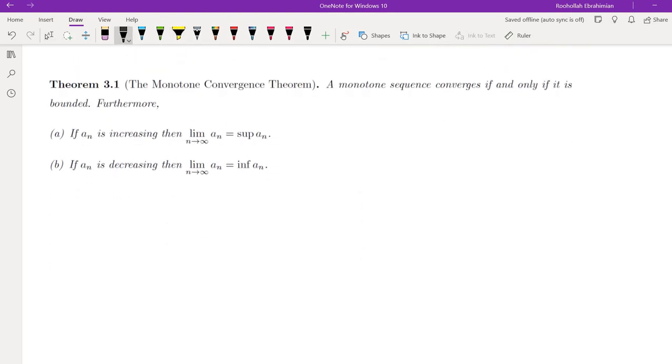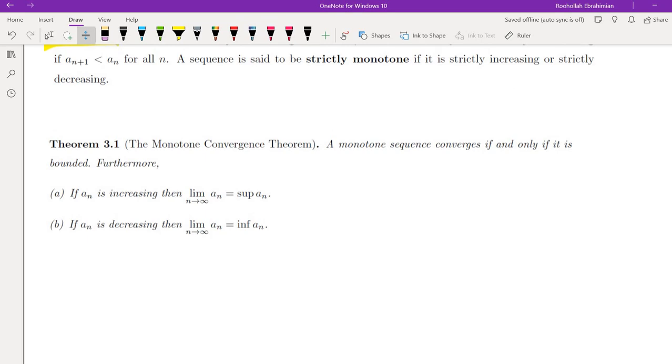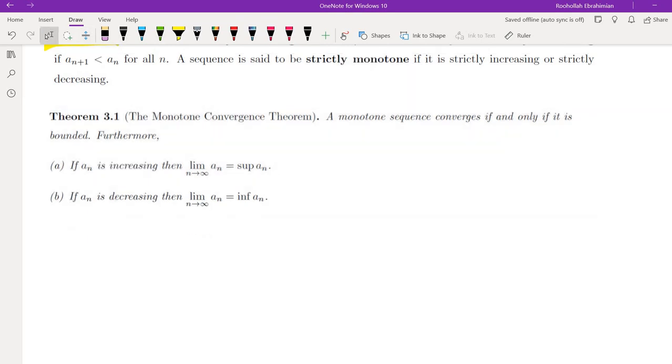In this theorem, which is called the monotone convergence theorem, we will prove that monotone sequences converge if and only if they are bounded. So here is the proof. The statement of the theorem is if and only if. One direction is fairly clear, and that is the forward direction.